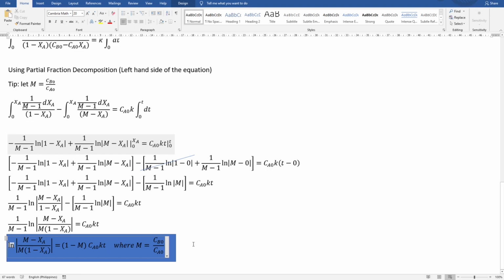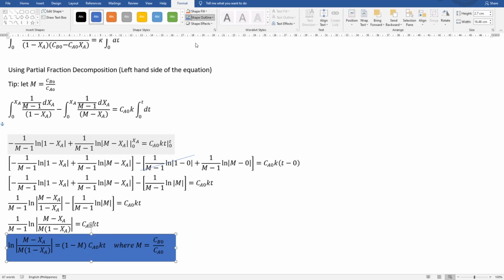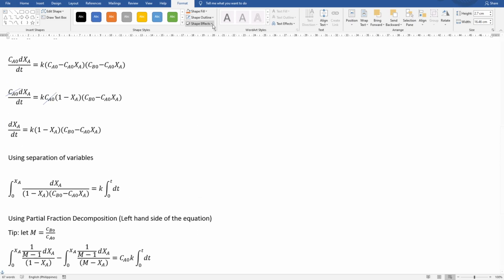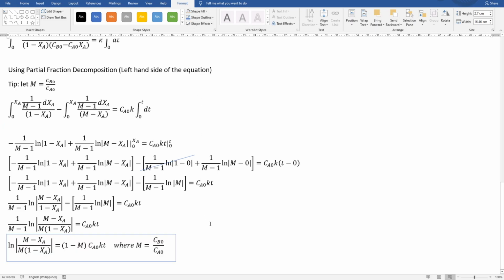Okay. So what you could do if you are given conversion and initial concentrations, no fear.